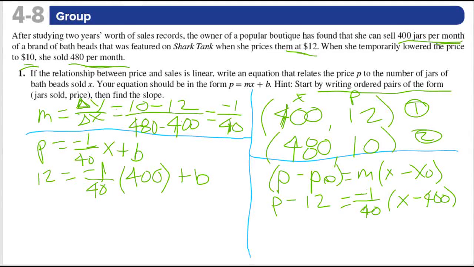To write an equation, I need to have my p and my x without plugging anything in for them. But I need to plug in my m and my b. So I need to find my m and my b. I found my m. Now I have an equation where I can find my b. I have negative 1 times 400 divided by 40, which gives me negative 10. 12 equals negative 10 plus b.